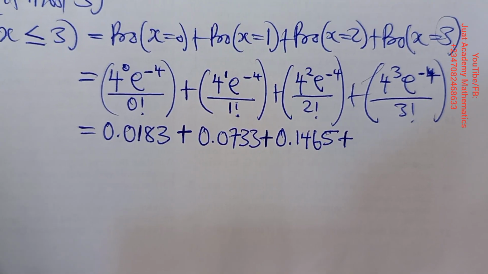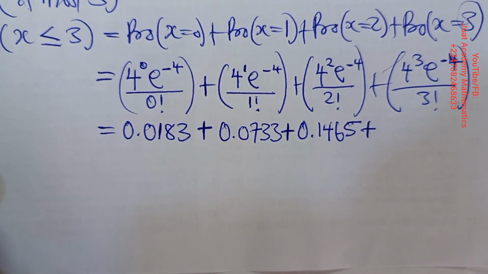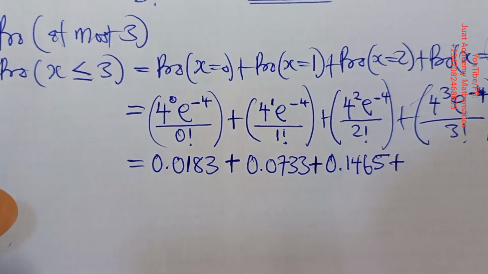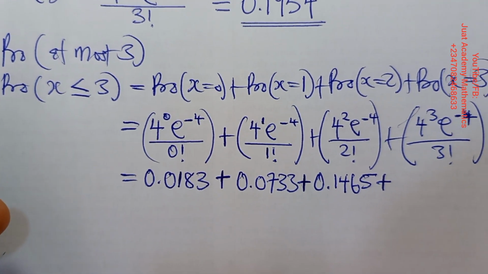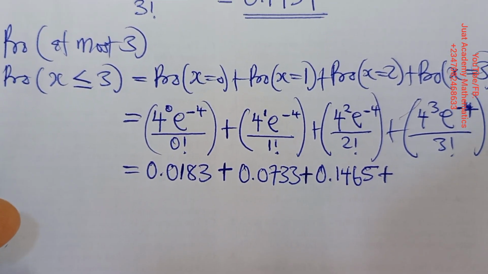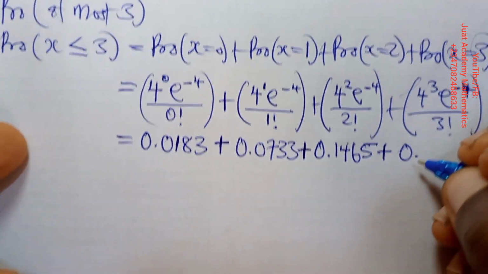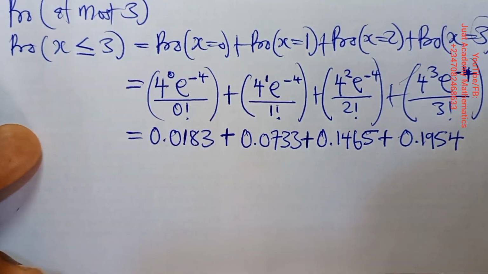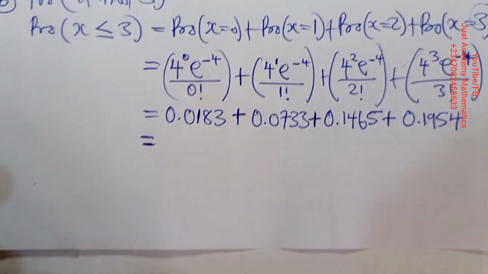Plus, finally, e raised to the power of minus 4 times 4 raised to the power of 3, divided by 3 factorial, which will give me 0.1954. So I will add them up to get the final answer.